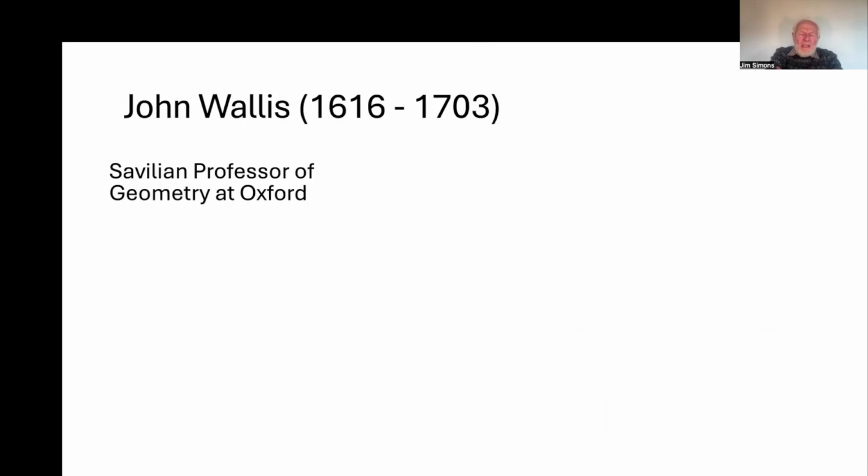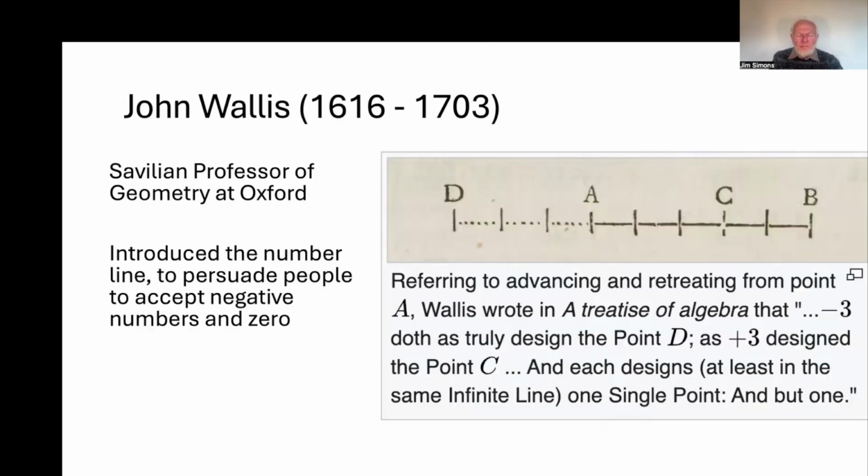And another step was taken, well, not another 100 years later, but quite a bit later. So John Wallis, professor of geometry at Oxford. So he it is who invented the number line that we all use at school nowadays. And he's still trying to persuade people to accept negative numbers and zero, because they're still not really accepted, even now in the middle of the 17th century.